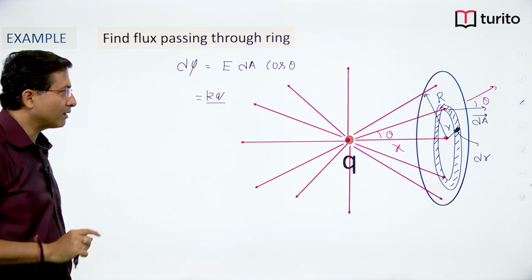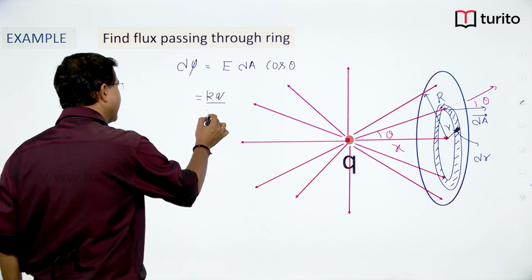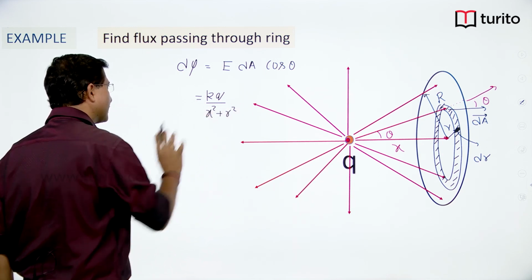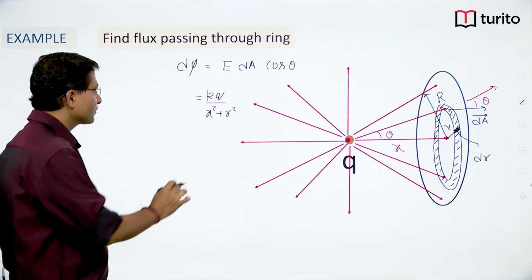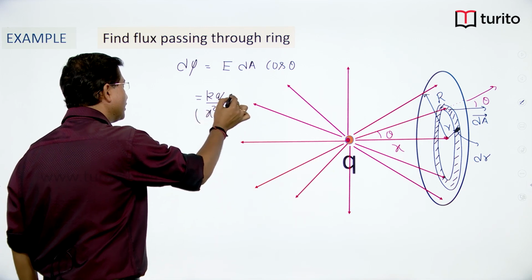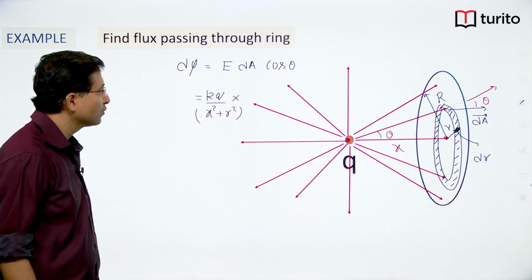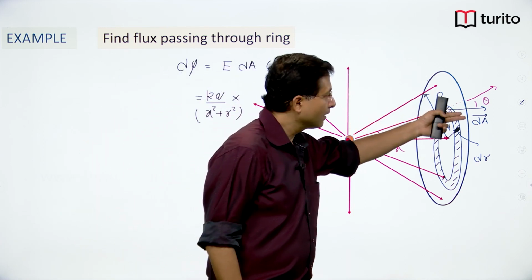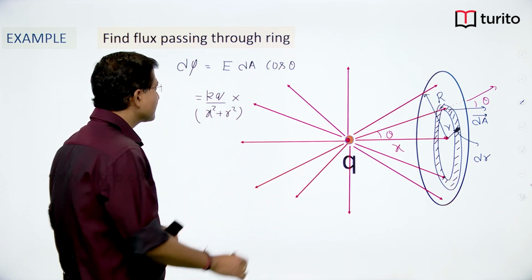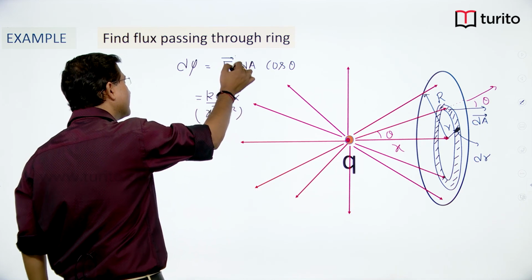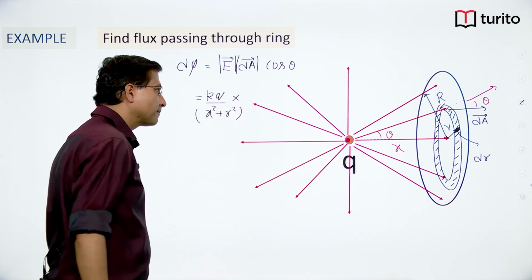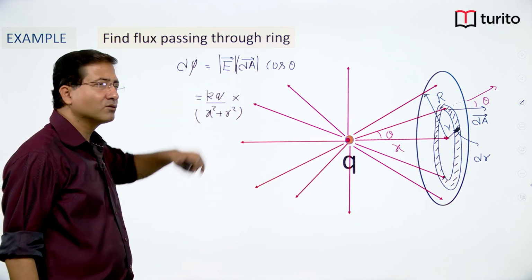So, separation square means x square plus r square under root whole square, right, into area vector, because I have converted this whole expression in this format, I need to write the magnitude of area vector.